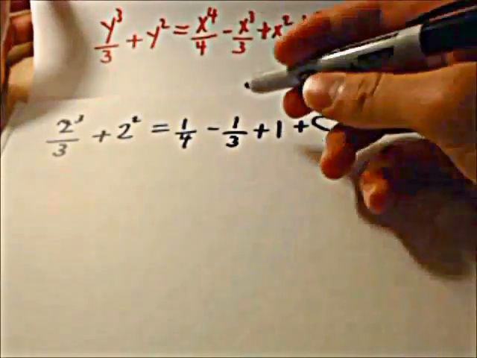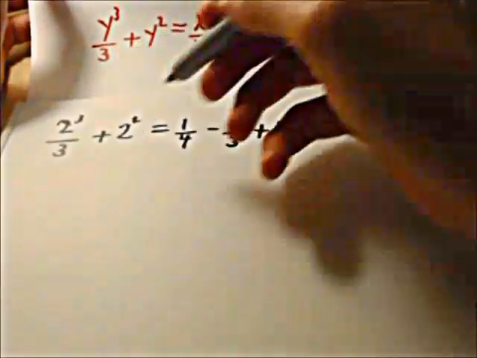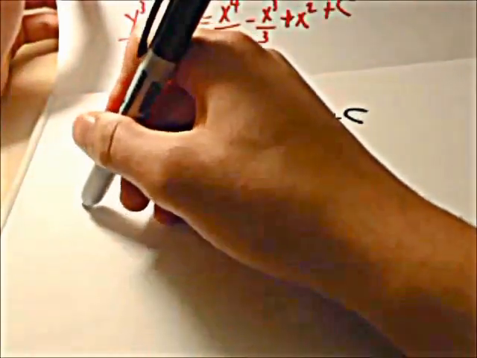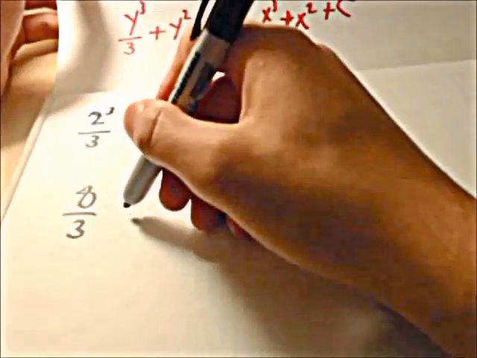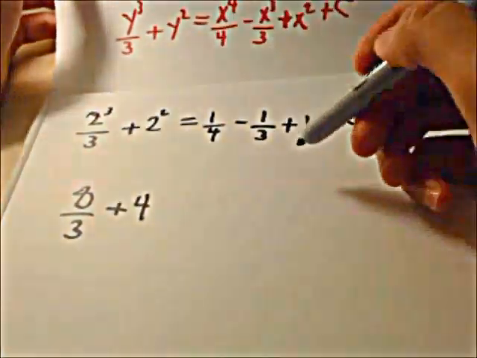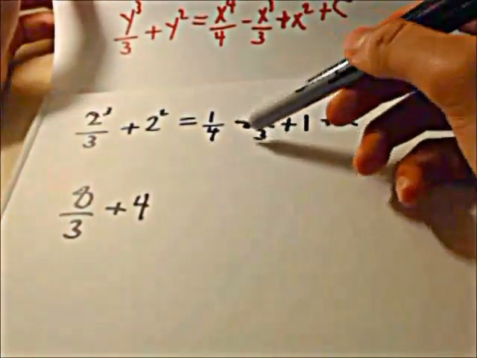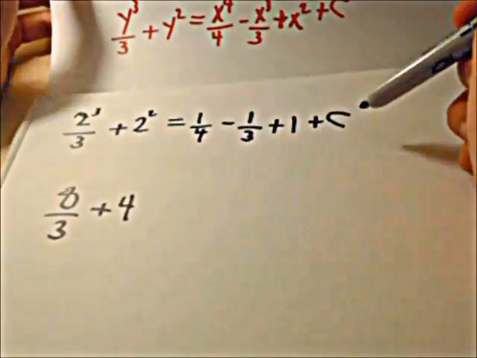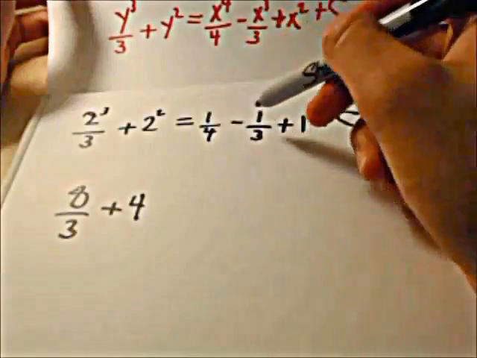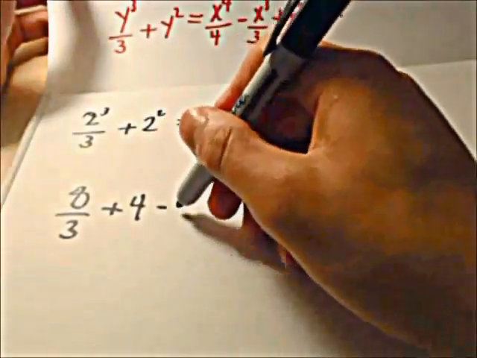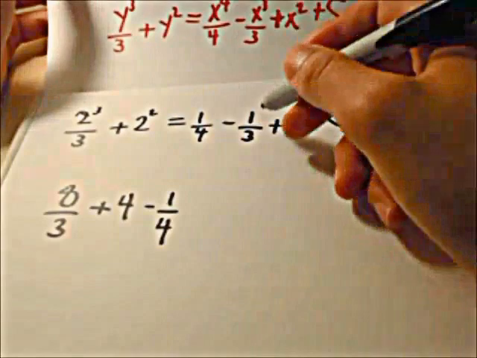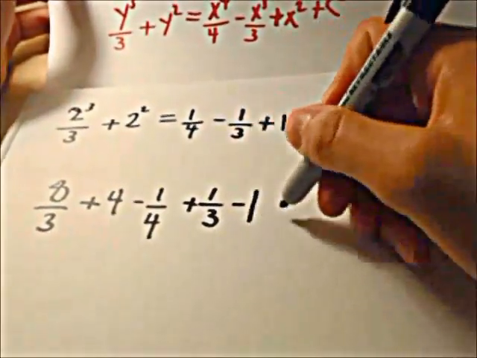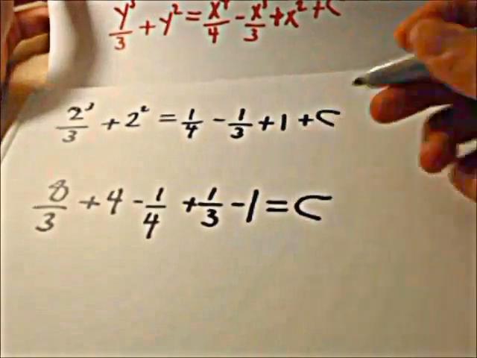So c is going to be 2 to the power 3, which is 8 over 3, plus 4, and then I'm going to move those to the other side with the opposite sign, just to make c the subject. So this would become minus 1 over 4, and then plus 1 over 3, and then minus 1, and that would equal c.